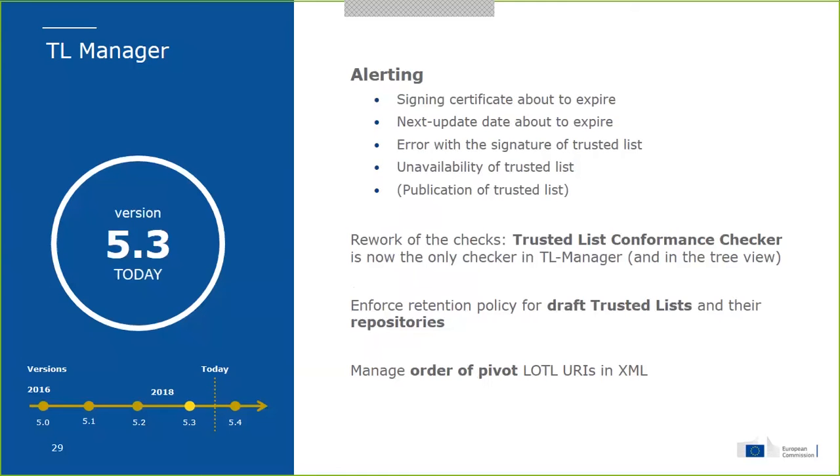These events are certificate expiration, next update of trusted list expiration, all these kinds of events. And when we detect either an approaching expiration, an approaching problem, or maybe also an existing problem, we send you an email.